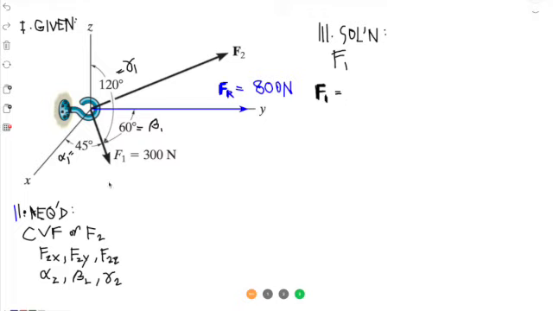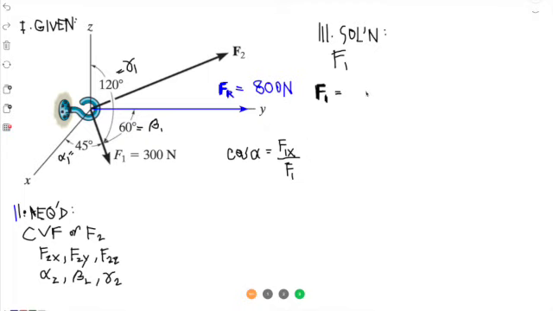We have the coordinate direction angles, and we know that cosine of alpha would be equal to F1x all over F1. So we can solve for F1x by multiplying F1 and the cosine of the alpha angle. The same goes for beta for the y component and gamma for the z component.